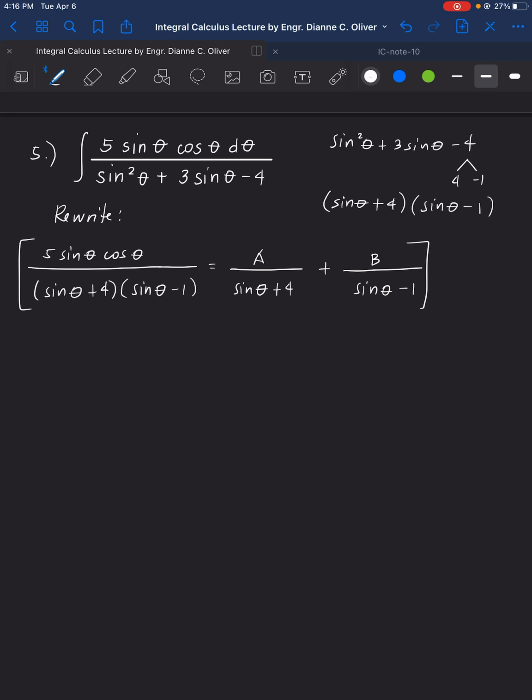Multiply both sides of the equation by sine theta plus 4 and sine theta minus 1.